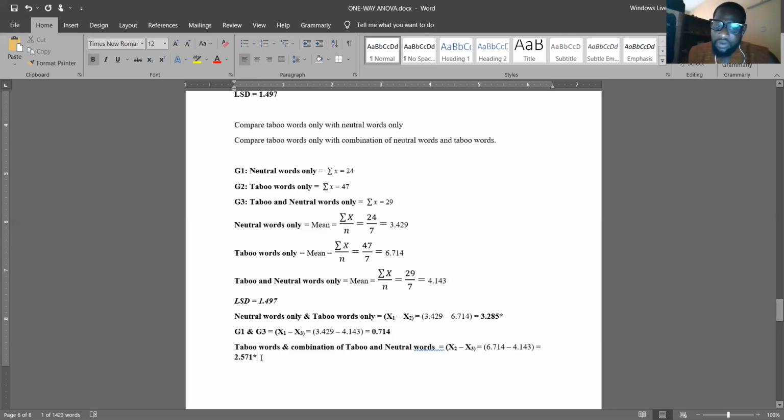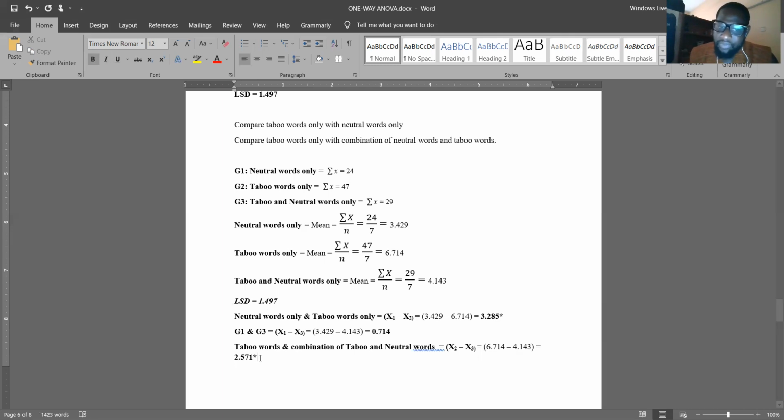So after you've found the mean difference between the two groups, you're supposed to compare this mean difference with the LSD. And like what we did for the previous comparison, if this mean difference is greater than or equal to the LSD value, then we need to indicate that there is a significant difference between the two groups that we were comparing.